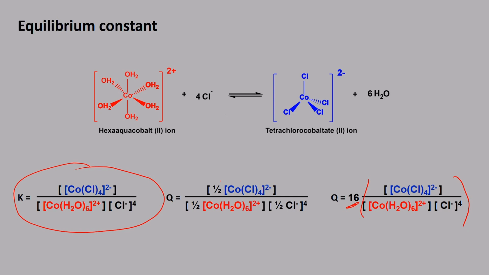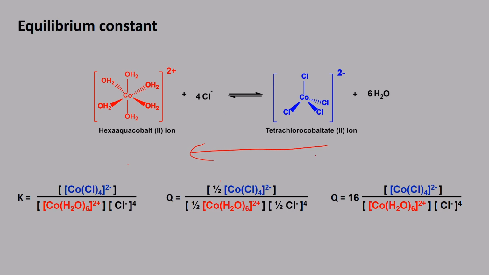So to achieve dynamic equilibrium, what we need is our Q to go back to our K. So we need to reduce the size of this Q, and the only way we can do that is by increasing the concentrations down the bottom here, and that will make this number here smaller and make our Q equivalent to our K. So in other words, if we were to double the volume of the reaction, that means we're going to halve the concentrations and our reaction will proceed towards the left here, minimizing the concentration of our tetrachloro complex.